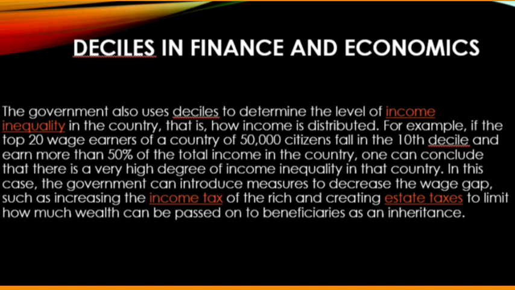In this case, the government can introduce measures to decrease the wage gap, such as increasing the income tax of the rich and creating state taxes to limit how much wealth can be passed on to beneficiaries as an inheritance.